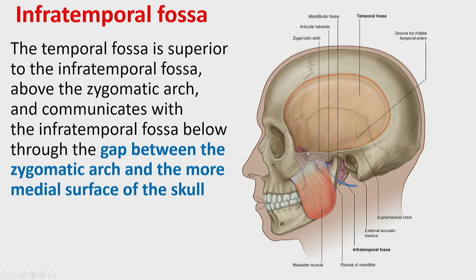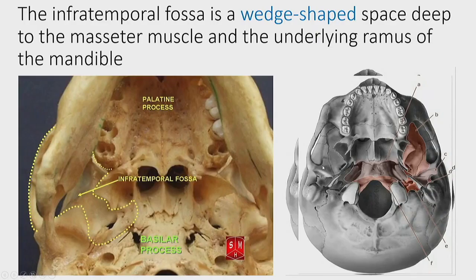And from these bones in the medial aspect and the zygomatic arch, if you go down, you will reach the fossa which is located here, and it's called the infratemporal fossa.